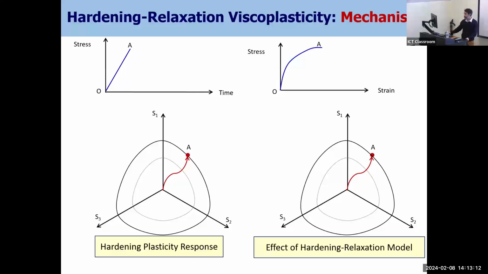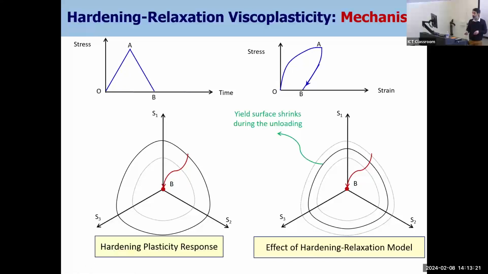The yield surface must expand such that point A is on the yield surface. Now when we unload, in classical plasticity, the yield surface remains where it is. It doesn't shrink, and you go to 0. Now, for the hardening relaxation, we let the yield surface shrink a little bit. And that is because we say that during the unloading, there is a little bit of rebound.